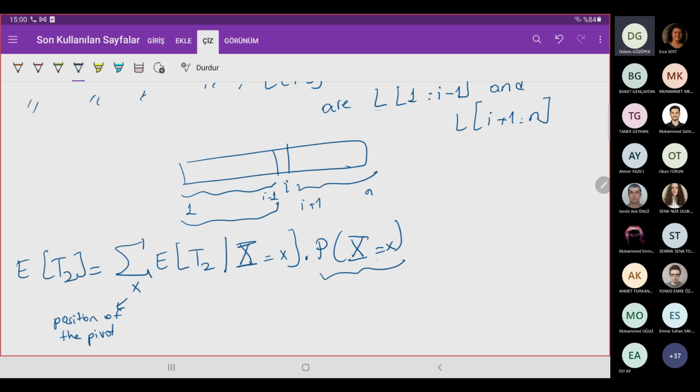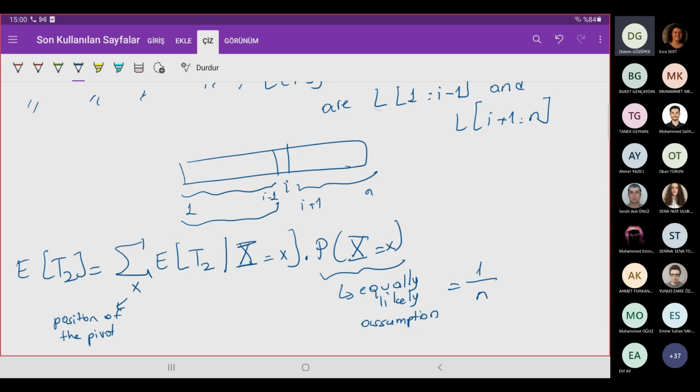So here we assume the equally likely assumption, which means the pivot can be in any one of these cases with equal probability. Because I have n elements in the list, the probability is 1 over n.